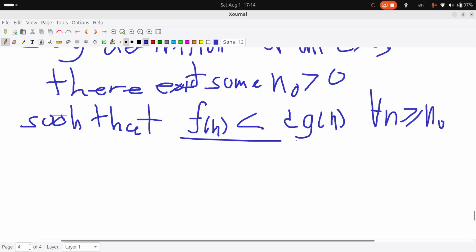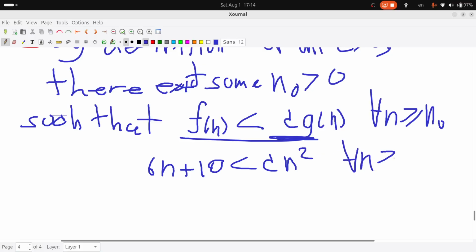So what we are going to prove is Fn, right? We have to show that 6n plus 10 is less than c n squared for all n greater than or equal to the starting point. We have to find the constant c again. So how can we do this?